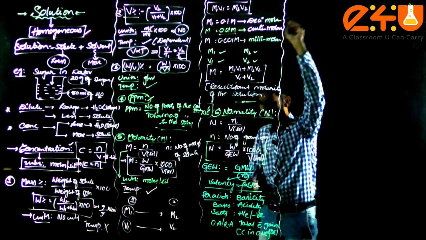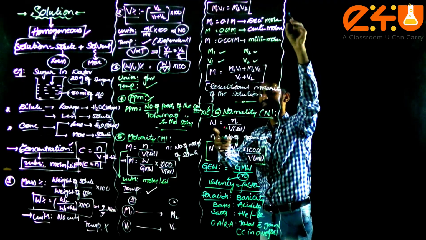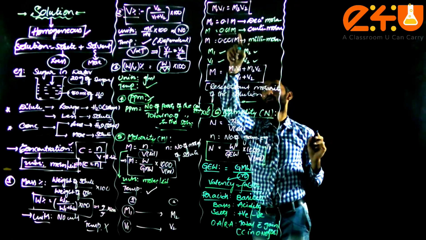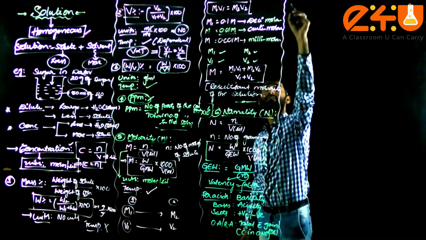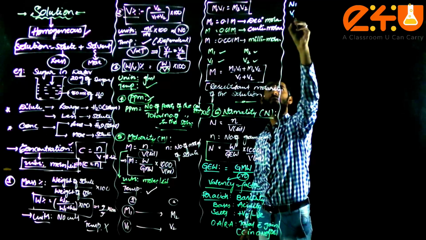Now the same formula here also. N which stands for 0.1 normal is decinormal, 0.01 is centinormal, and milli normal is common. Here also the same thing: N1 is the initial normality, its volume becomes V1.